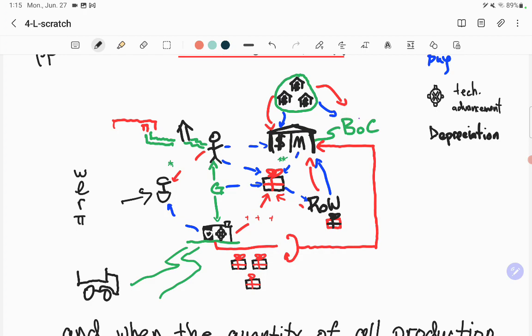In the factor market, this is where all the earnings take place, where the price of rents are determined, like wage rates, rental rates, profit rates, interest rates. This is where all of the earnings take place.